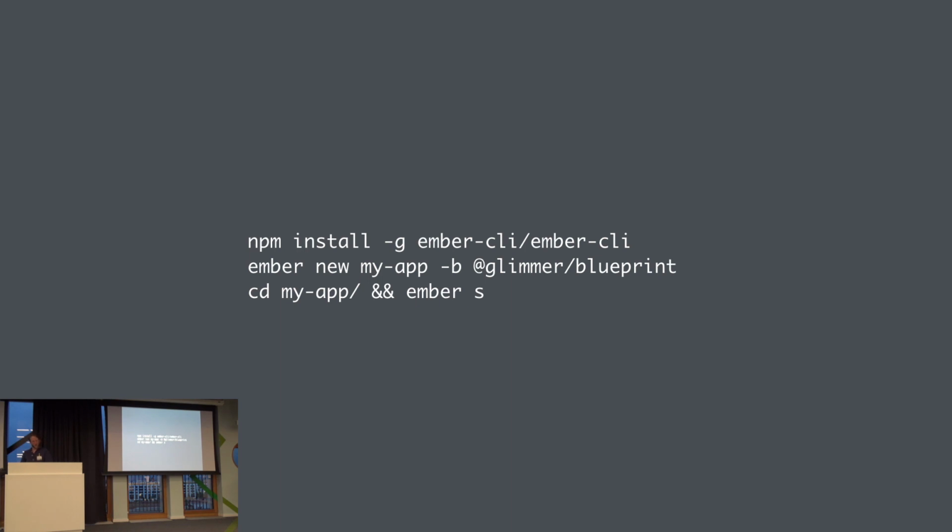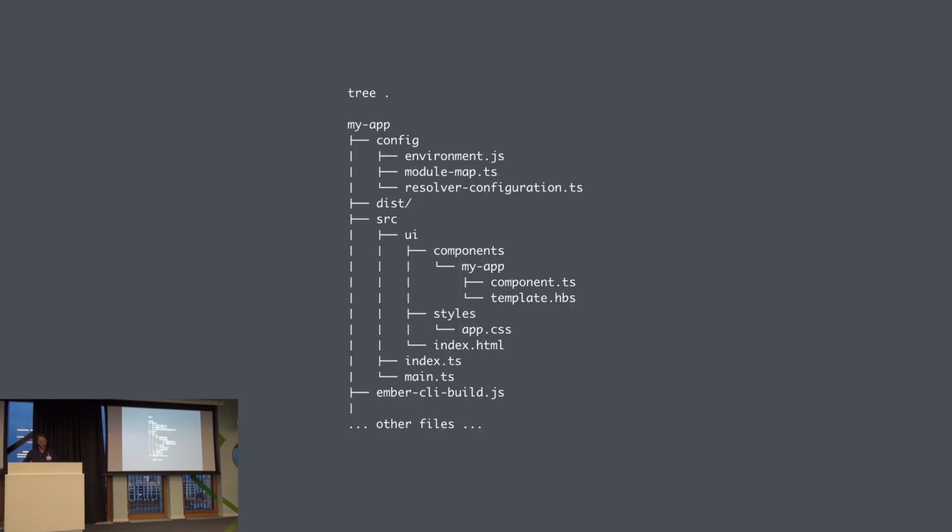When you look at the files that ember new generated for you, you will see that the directory structure is a bit different. You see there's no app directory, but a src directory with a UI directory that most of your app lives in, because UI, and actually components and templates, is all that Glimmer.js does. This is the new incoming folder structure that will come in Ember as well.